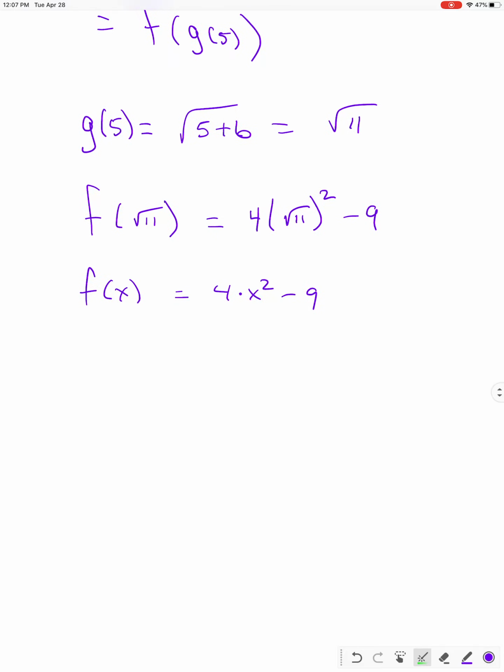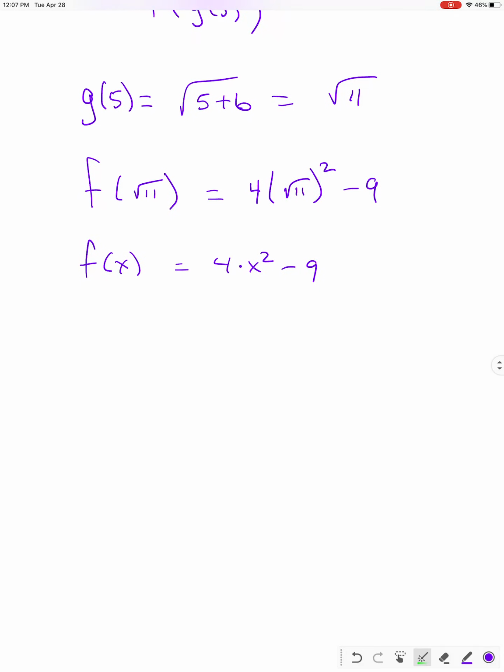So I plugged this g of 5 in for x, and now when I simplify that, I get f of root 11 equals 4 times, and root 11 squared is just 11, and then minus 9.